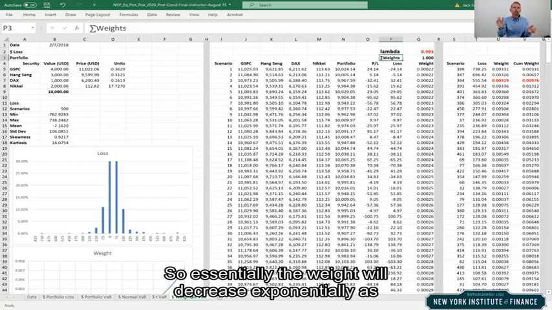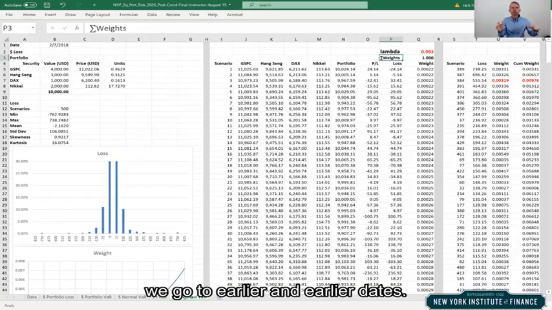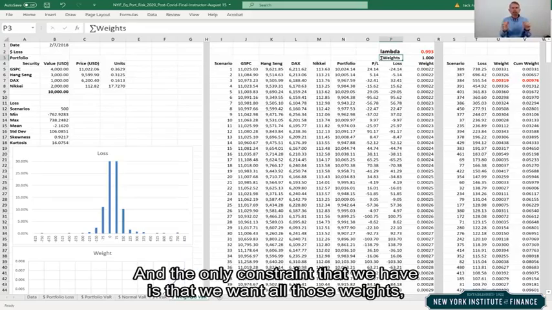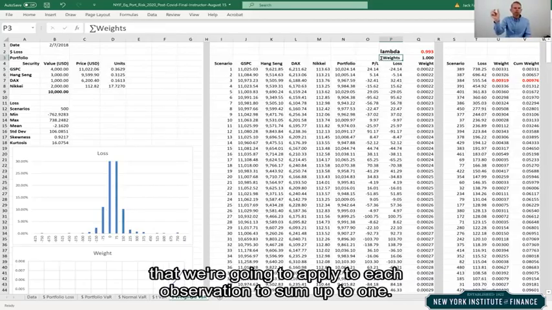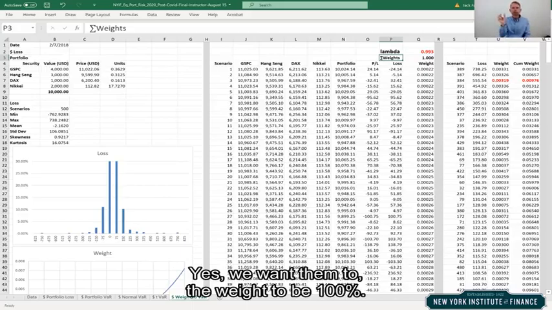So essentially the weight will decrease exponentially as we go to earlier and earlier dates. And the only constraint that we have is that we want all those weights that we're going to apply to each observation to sum up to 1. So we want the weight to be 100%.